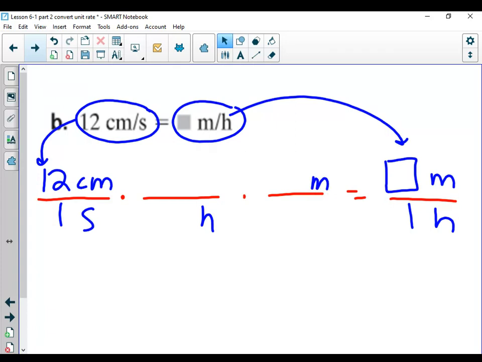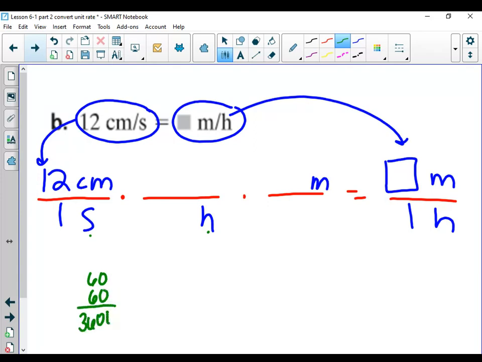Just setting up the problem. What do I know about seconds and hours? 60 seconds in a minute, 60 minutes in an hour, 3,600 seconds in 1 hour.